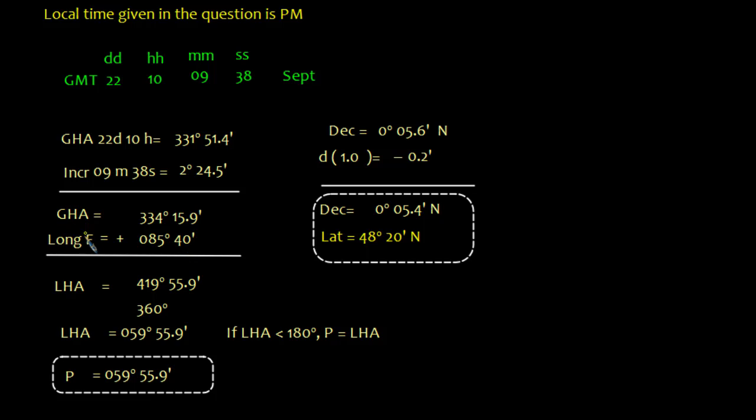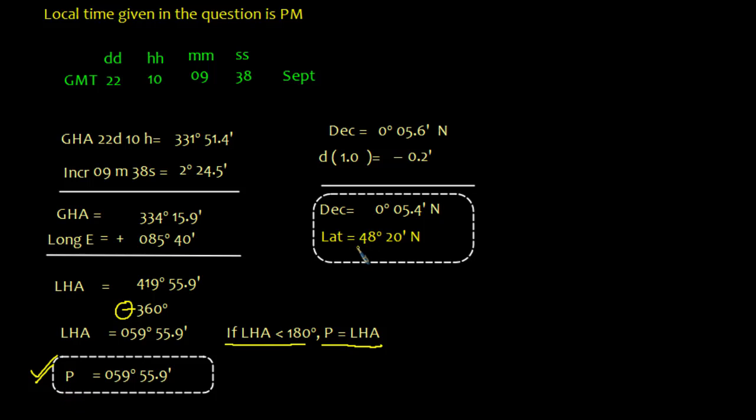So we have GHA, longitude east, GHA least, so LHA is going to be more. That means you got to add. So after adding, we get 419 degrees 55.9 minutes. This is more than 360 degrees, so we need to subtract. So we have 059 degrees 55.9 minutes. And now we know this LHA is less than 180 degrees, so P is equal to LHA. So we have obtained the value of P.